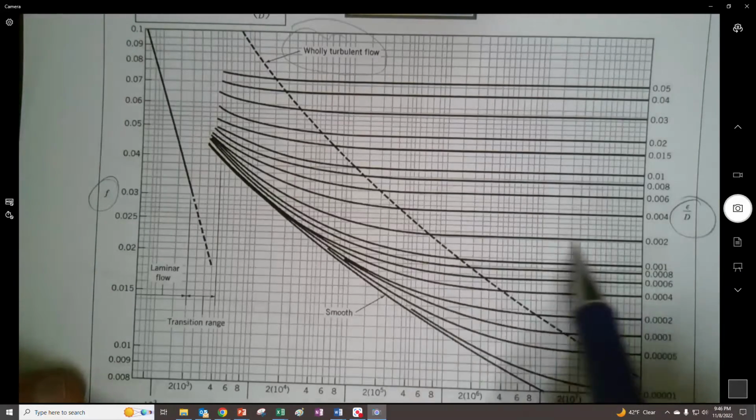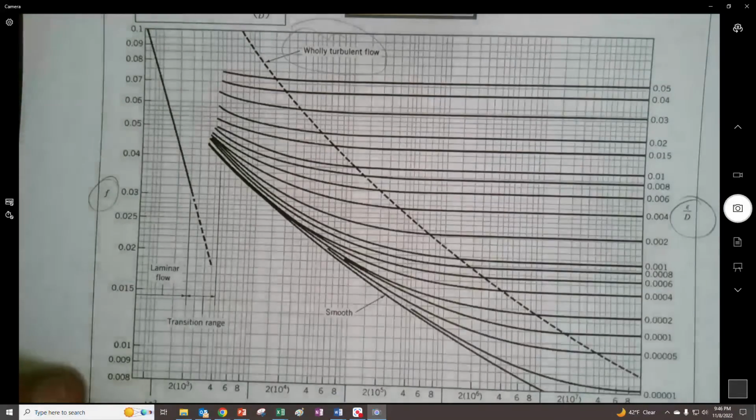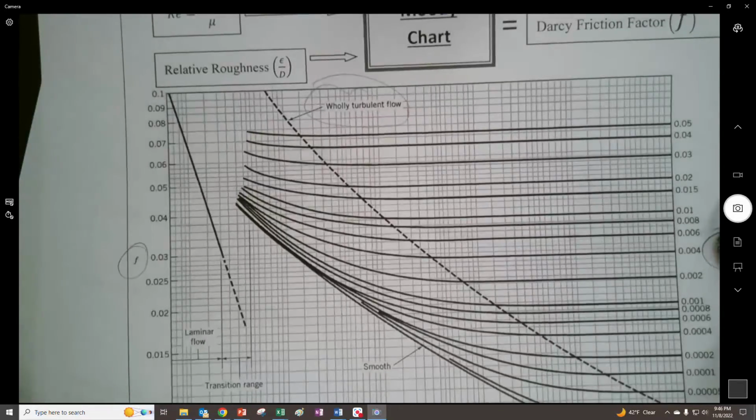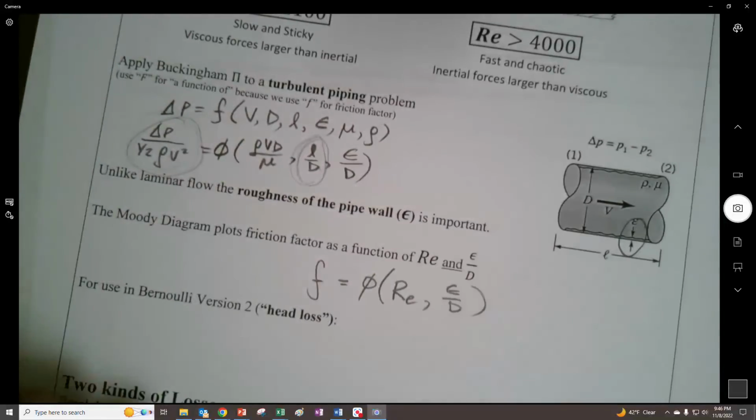These are almost horizontal lines, an interesting thing to observe, based completely on the amount of roughness.